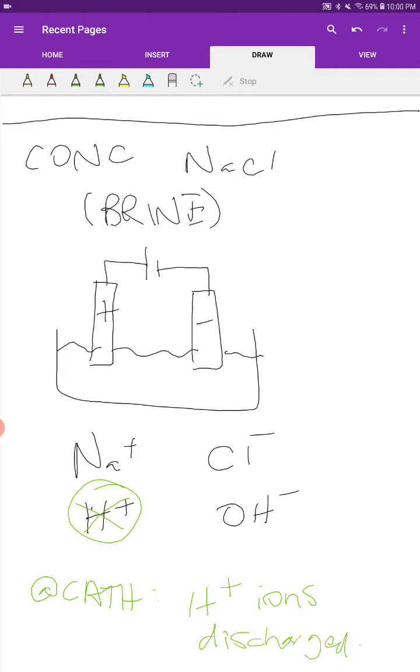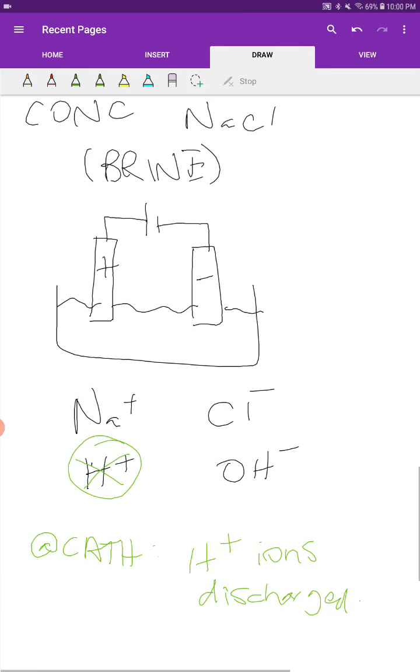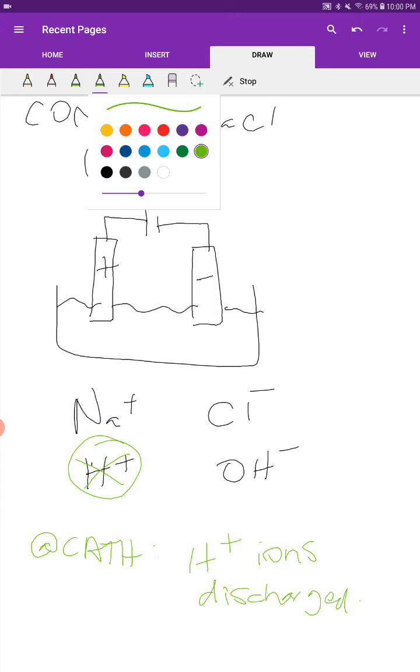Now, with concentrated electrolytes, there's a bit of a difference, because we would expect, based on the position of chloride and hydroxide in the electrochemical series, that hydroxide would get discharged. However, for anions, that is not the case.